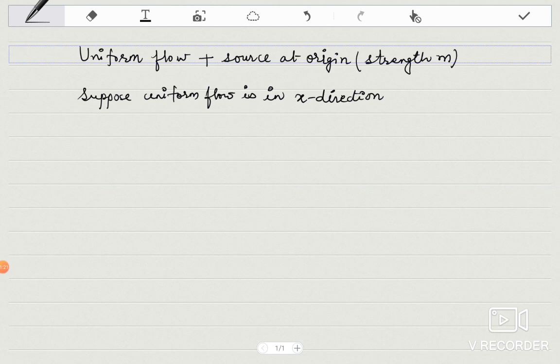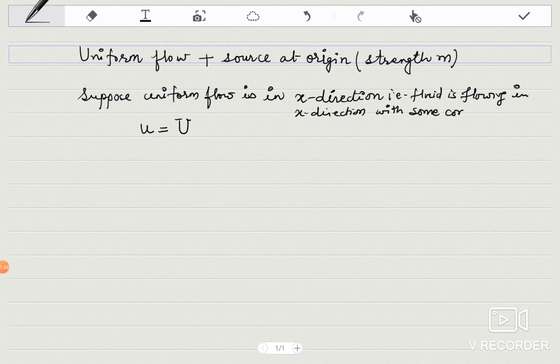So you may write that the horizontal component of velocity will be equal to some u. That is, fluid is flowing in x direction with some constant velocity, because it is a uniform flow, say capital U. So we may write u is equal to U.